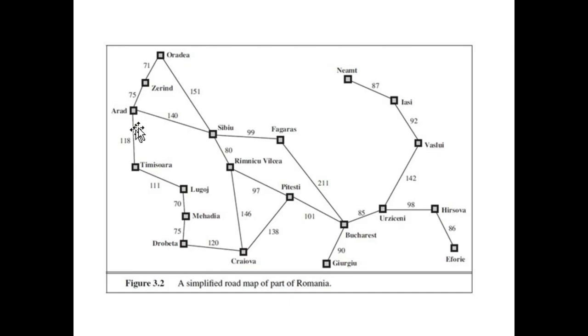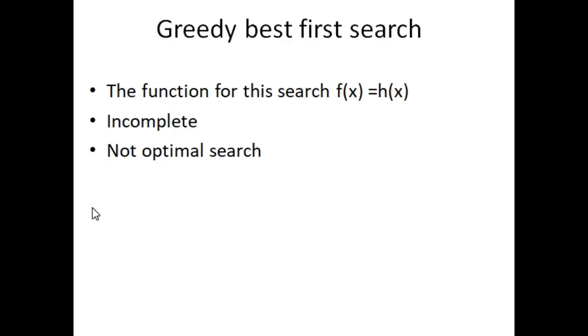The problem is that I want to move from city A to B by using the greedy best search technique. This search technique uses the function equal to the heuristic h of x, and it is incomplete.